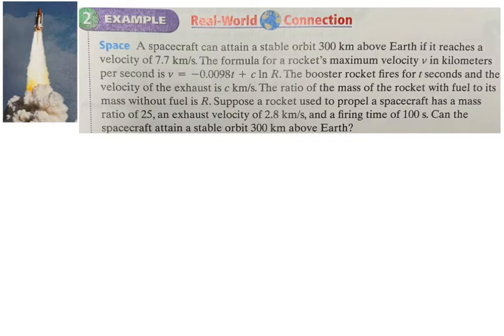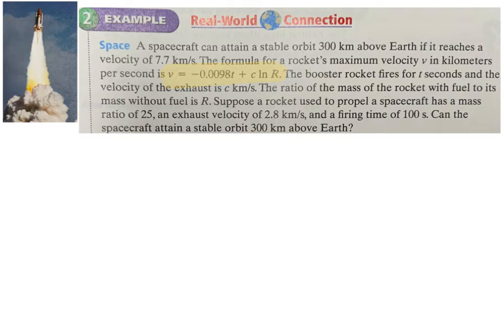A spacecraft can attain a stable orbit 300 kilometers above Earth if it reaches a velocity of 7.7 kilometers per second. The formula for the rocket's maximum velocity, v, in kilometers per second, is, and they give us this formula right here, v equals negative 0.0098 t plus c ln of r. So this is the velocity calculation.